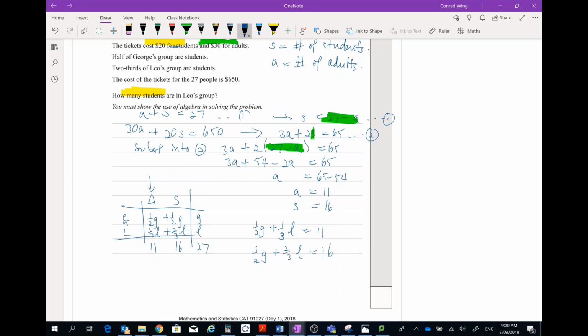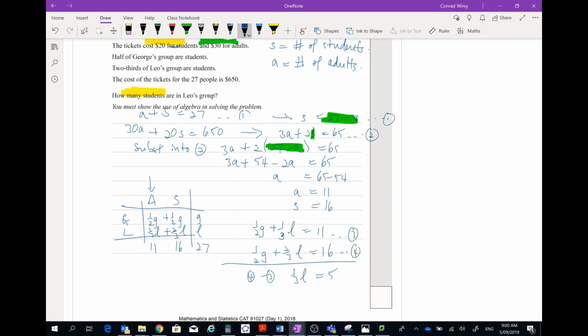So what are we going to do? Could you use elimination? Yeah, I would just use elimination. If I call this 3 and this 4, I'd say 4 minus 3. Half of G minus half of G is no G's. 2/3 of L minus 1/3 of L leaves you with 1/3 of L. And this is equal to 5. Does that make sense?